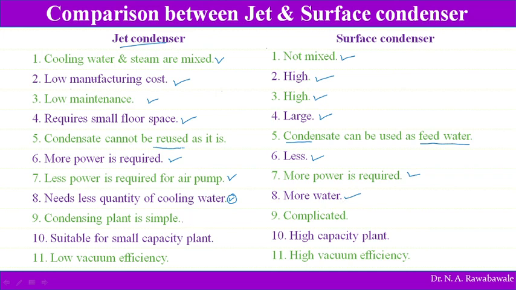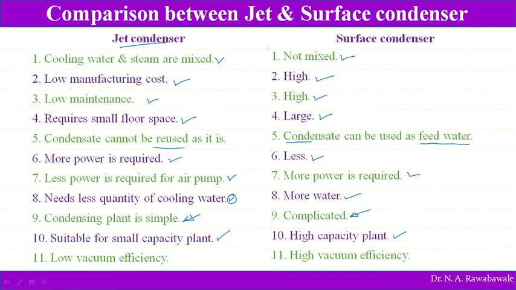The jet condenser plant is simple, whereas surface condenser design and manufacturing is complicated. A jet condenser is suitable for small capacity plants, whereas a surface condenser is essential for high capacity plants because it requires a large quantity of water to be generated in a boiler to produce steam.